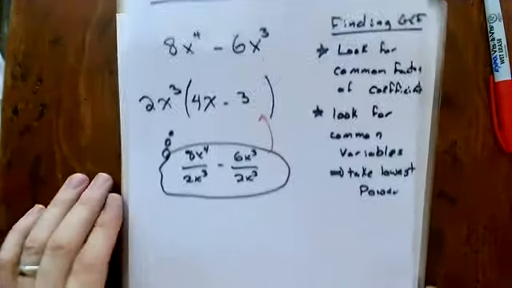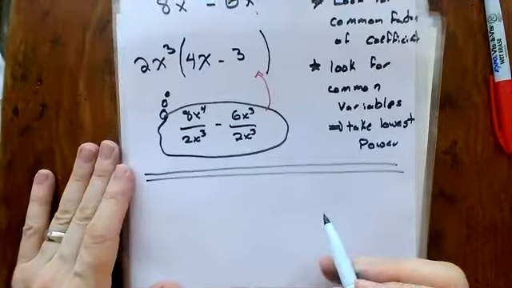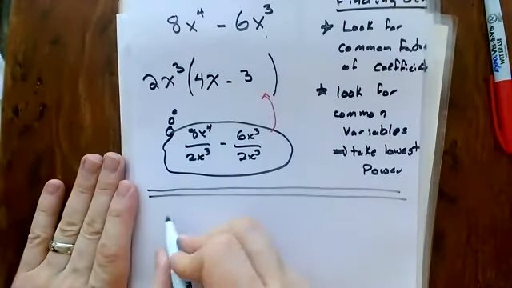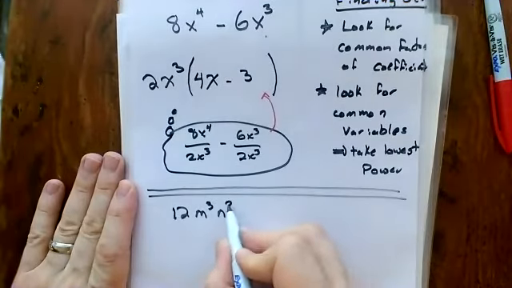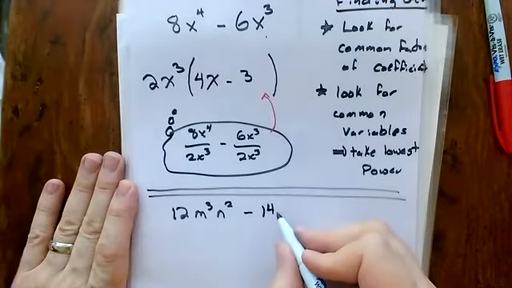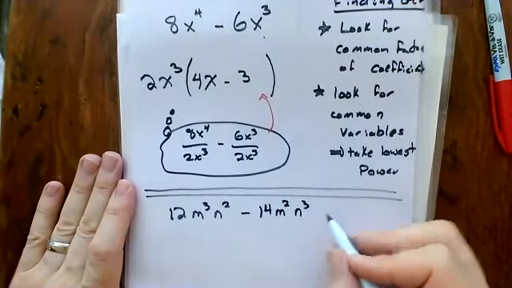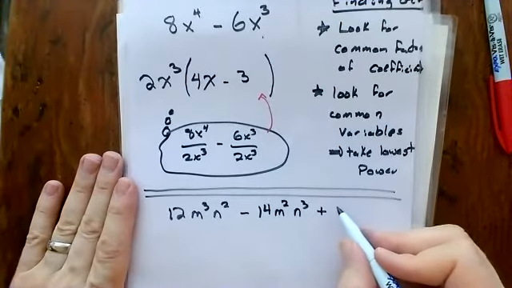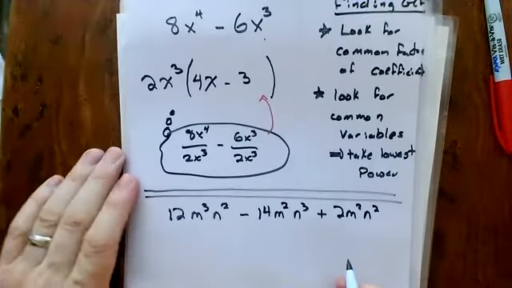Let's do another example. Let's say I've got 12 m cubed n squared minus 14 m squared n cubed, and then plus 2 m squared n squared.